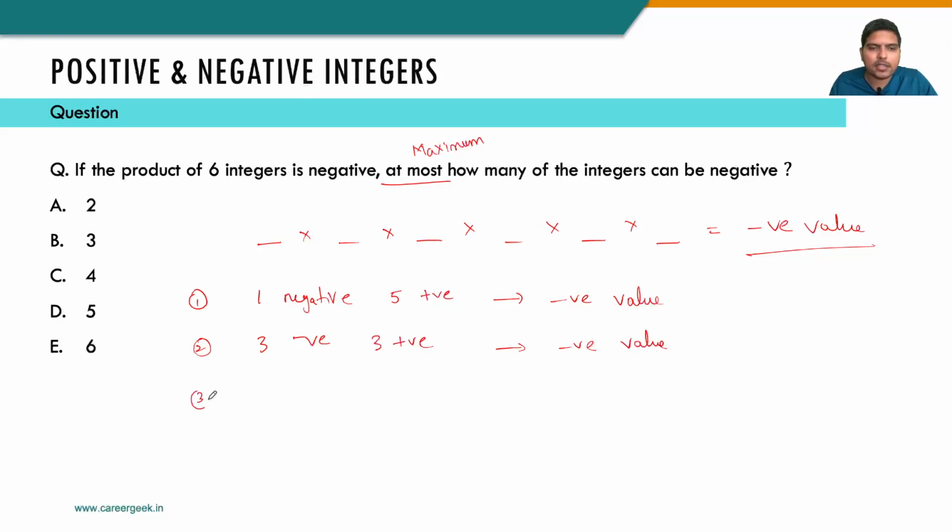And the last case is 5 negative and 1 positive. Still I'll get a negative value. So we have 3 cases. Now at most, how many of the integers can be negative? The maximum that can be negative is in case 3, which is 5.